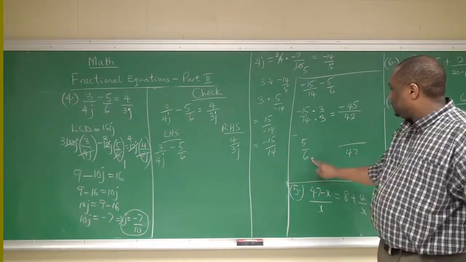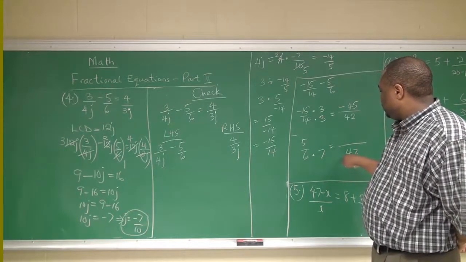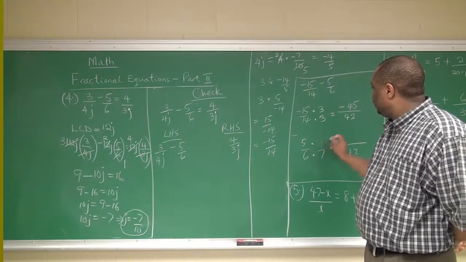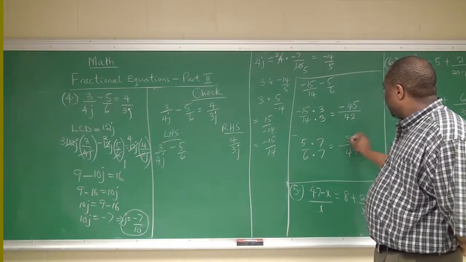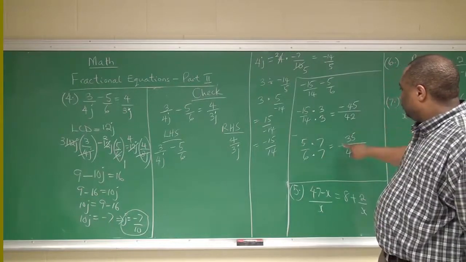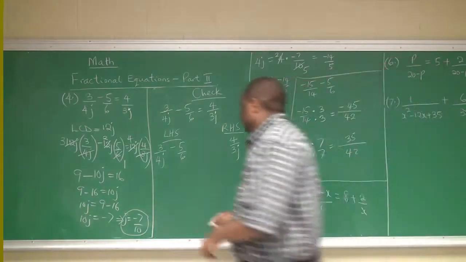Okay, what will you do to 6 to give you 42? Multiply by 7. Whatever you do to the denominator, you do to the numerator. So this gives you 35. So you have negative 45 over 42 minus 35 over 42. Okay?